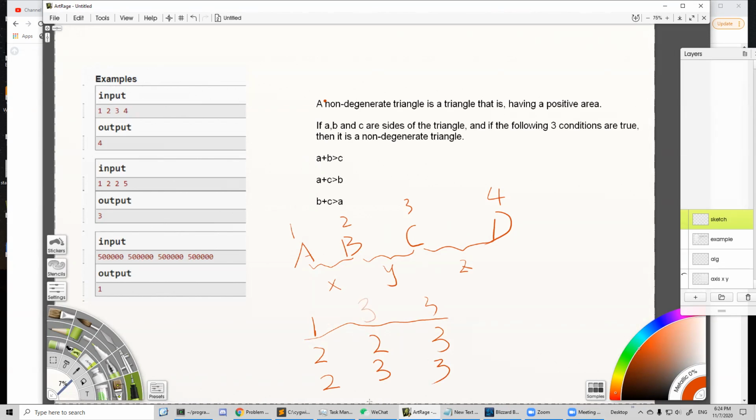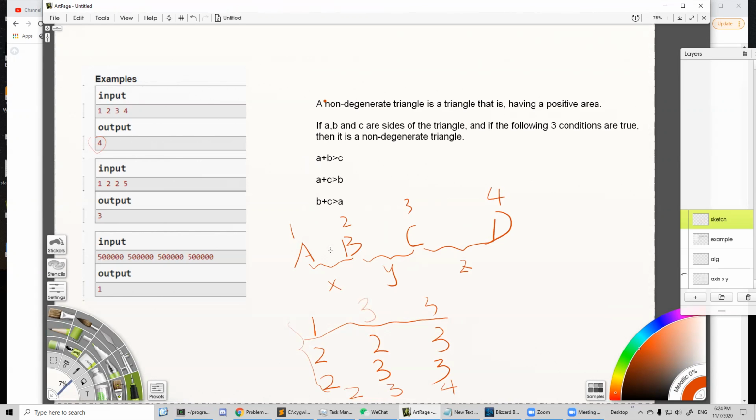And any more? 2, 3, 4, right? 2, 3, 4 is okay. Cool. So anything else? No, I can't find anything else. So four triangles we can find. So we output 4 here.